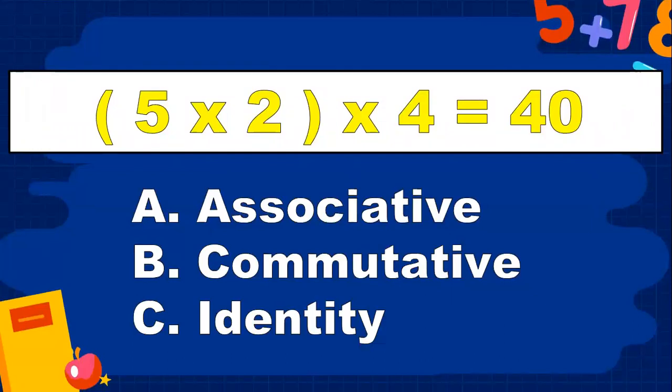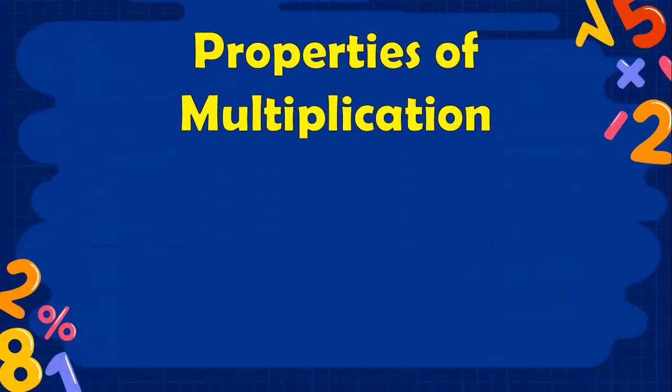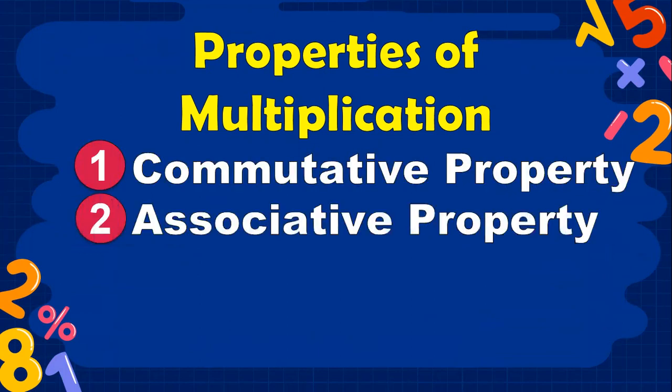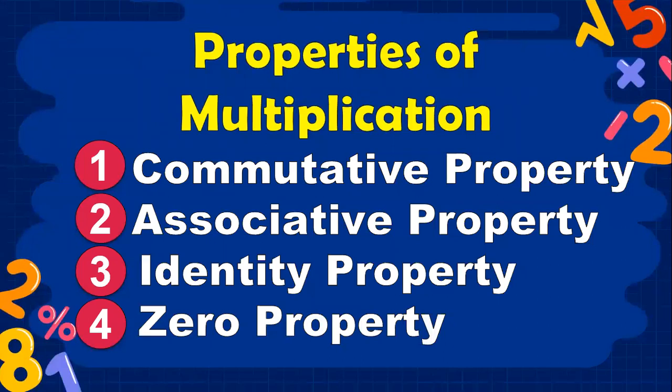Is that A, associative, B, commutative, or C, identity? The correct answer is associative property. Okay, again, remember, these are the properties of multiplication. One is commutative property. Second, associative property. Third, identity property. And fourth, zero property. That's all for today. Thank you for listening.